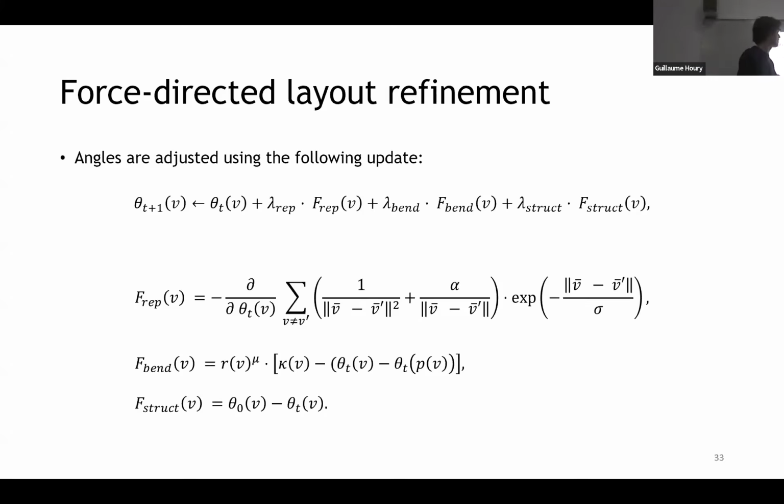In our case, there's one force that pushes the nodes away from each other in order to make them occupy as much space as possible and avoid intersections. One term is more here to enforce the curvature constraints, and the last one is more here for stability reasons.